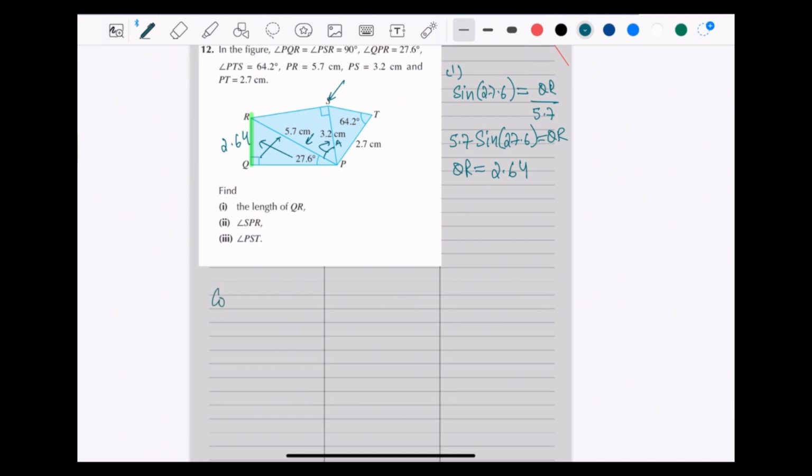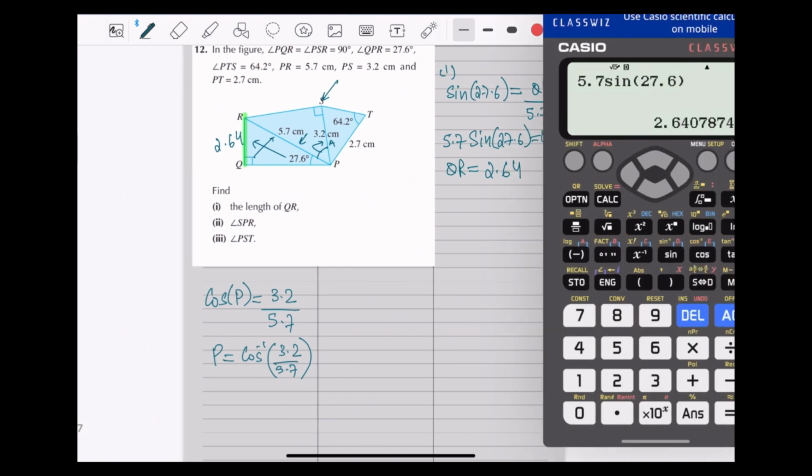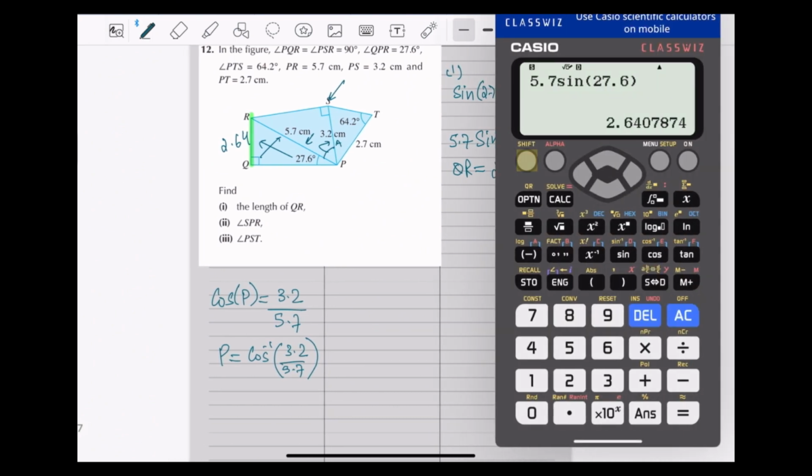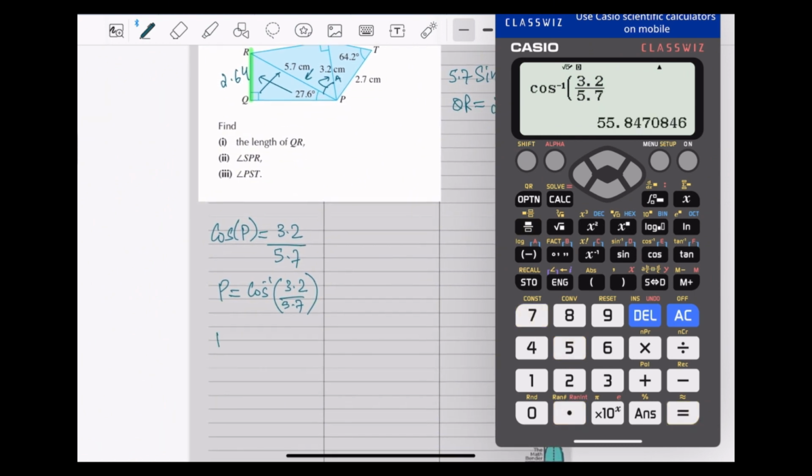So cos of angle P is adjacent, which is 3.2 over 5.7, and P is cos inverse 3.2 over 5.7. So P is going to be 55.8 degrees.